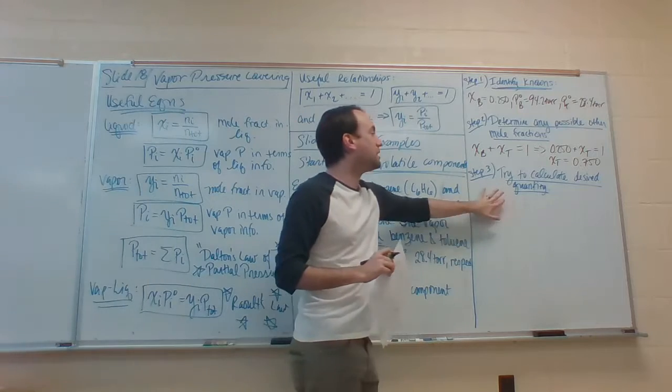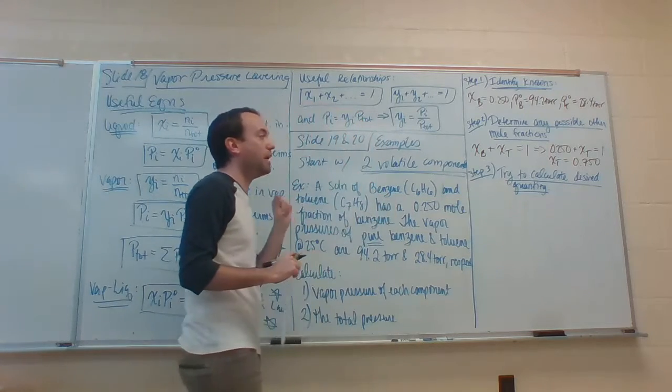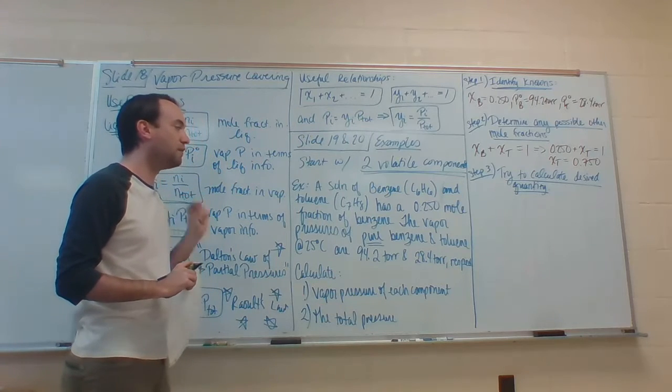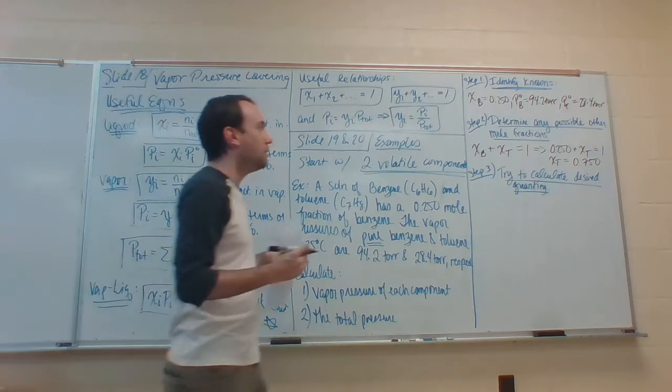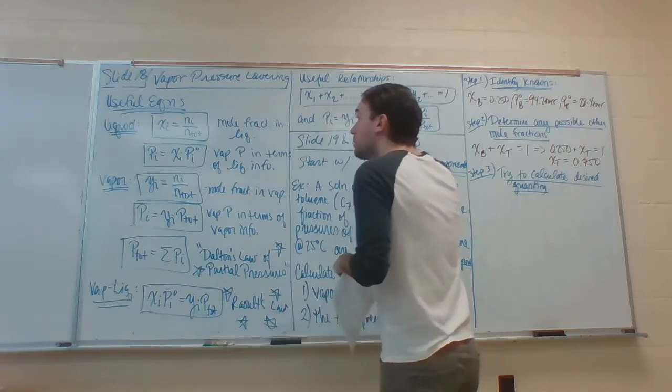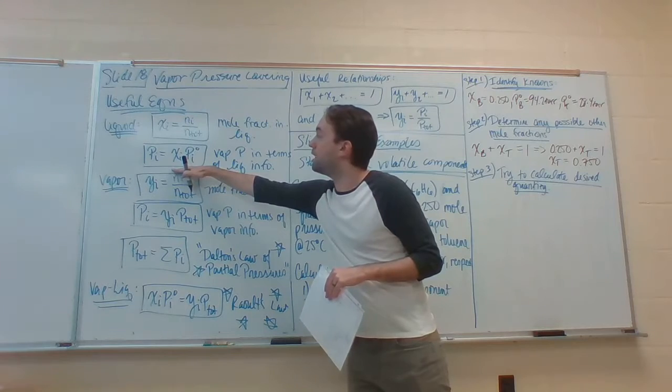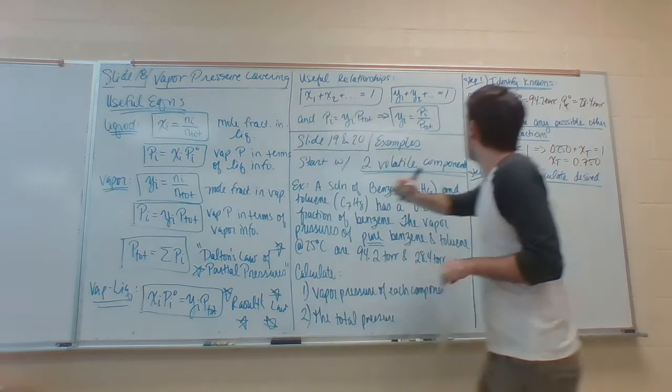Then lastly, step 3 is to calculate our desired quantity. Our first desired quantity was the vapor pressure of each component. We know that the vapor pressure of each component can be found either by the liquid or by the vapor.